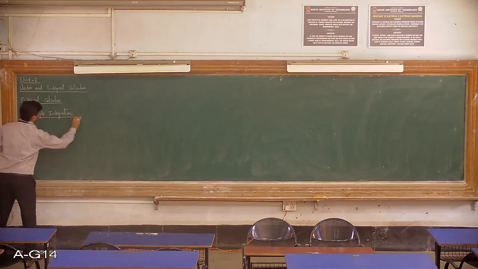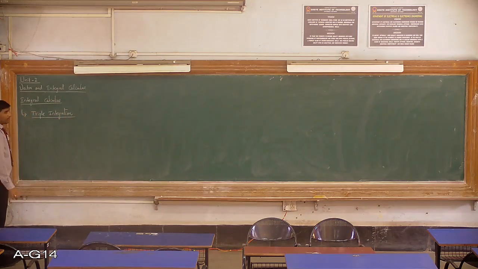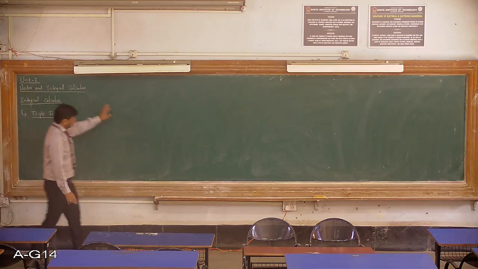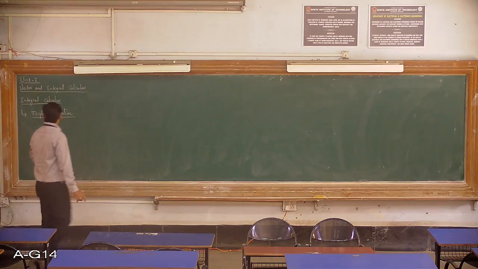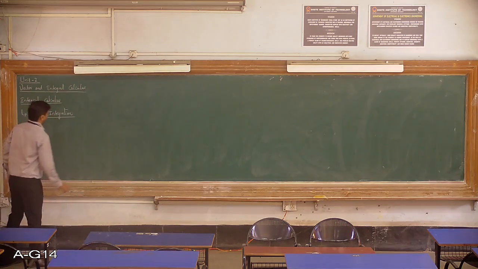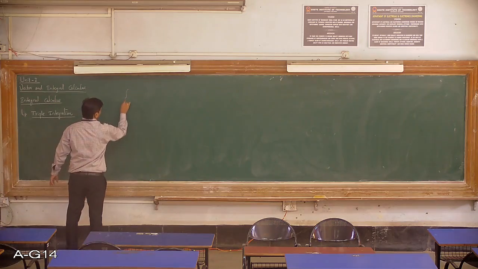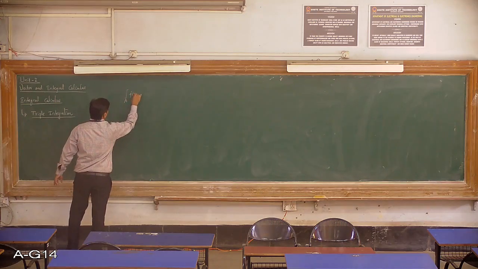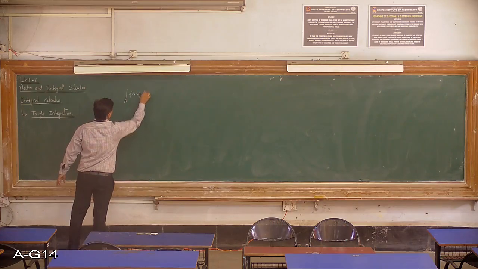Next is triple integration. Guys, I think in the double integration you will very easily understand that we have taken integration over an area A of f of x comma y into dA.